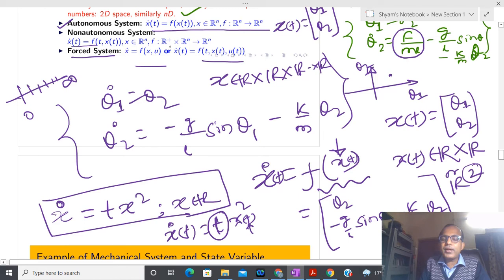Using the Cartesian product I can tell that t belongs to the positive numbers and x(t) belongs to R^n, and using a function I can tell that whatever the rate of change of a quantity is, that is unique. In this way I am going to represent the system. Anyone has confusion here? Then please let me know.